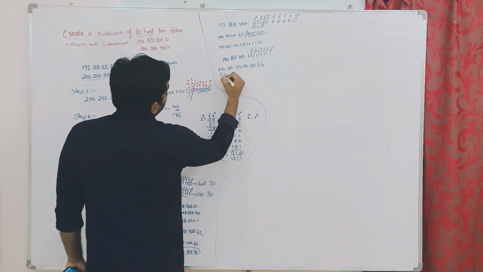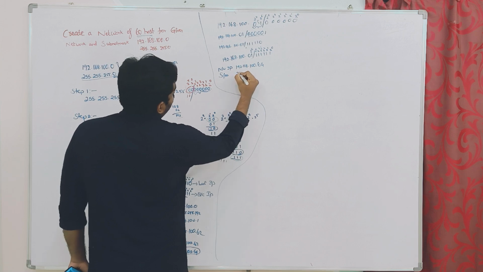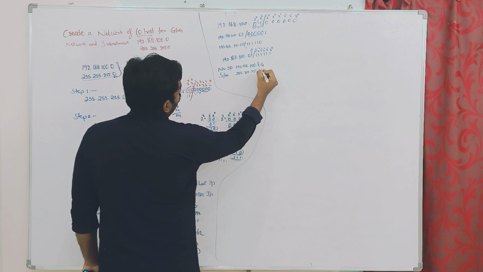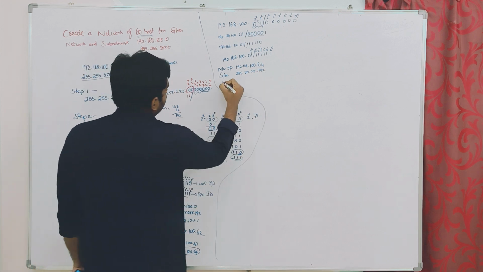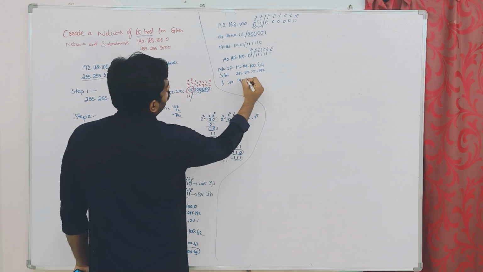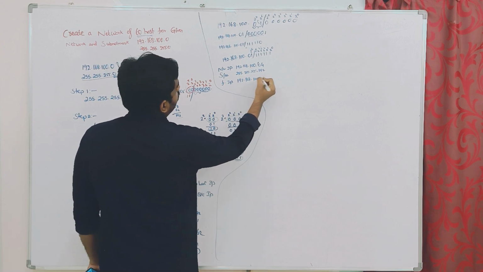And the subnet mask is 255.255.255.192. The first IP is 192.168.100.